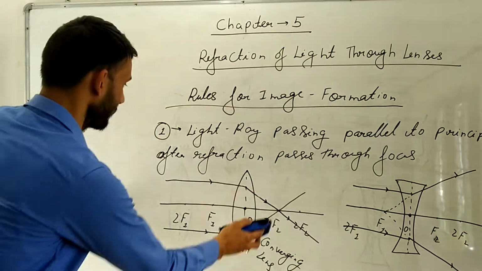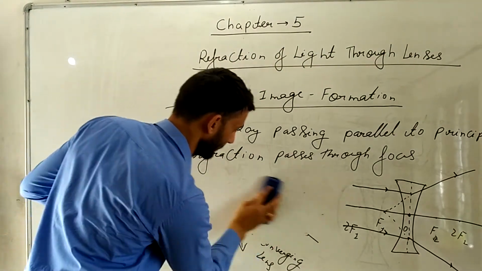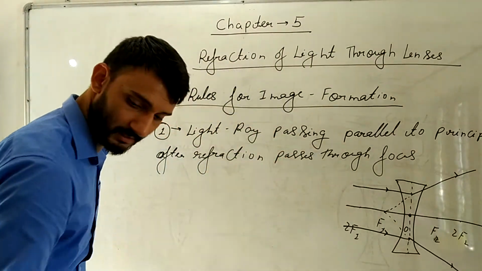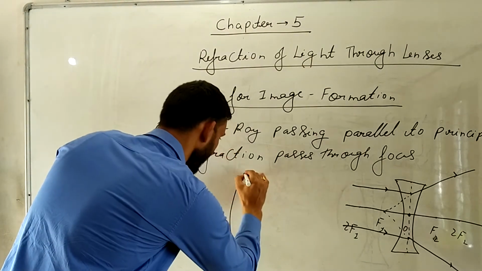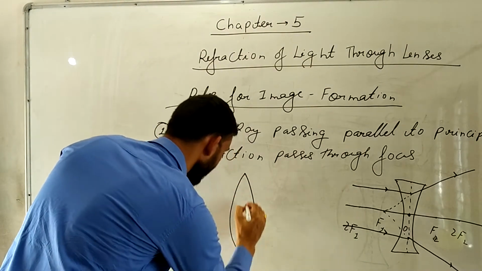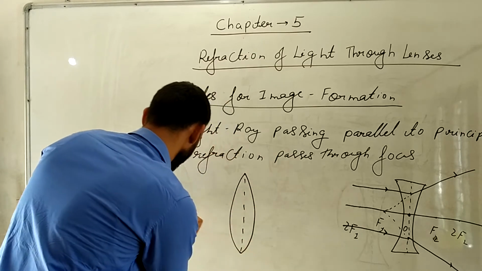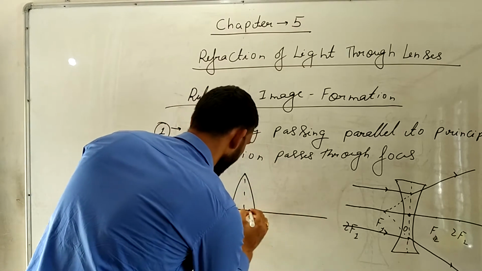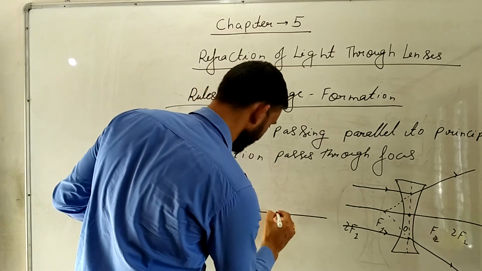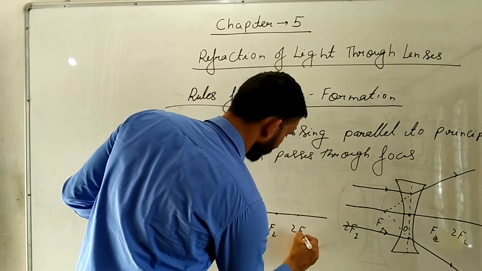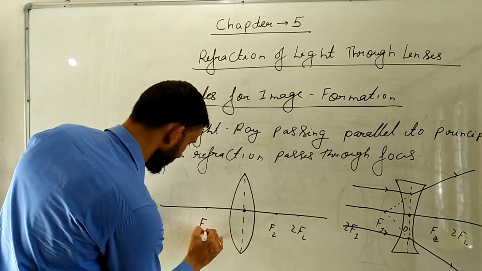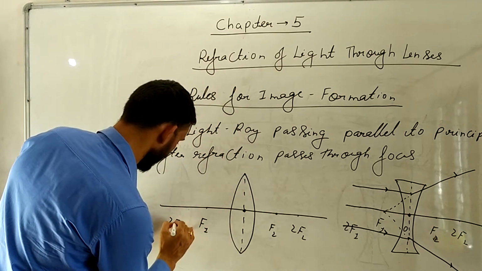So let us draw the diagram for that. Light ray passing through focus after refraction becomes parallel to principal axis. So this is the lens, principal axis, optical center, f2, 2f2, f1, 2f1.